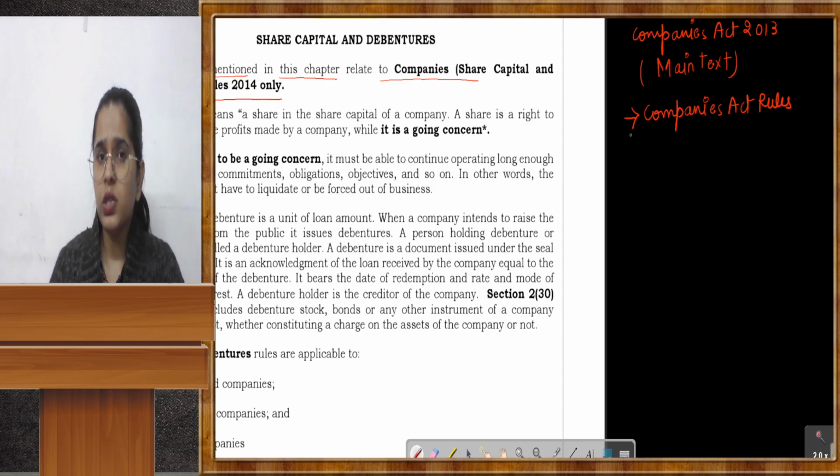So these rules tell us in detail about share capital and debentures. Some main points are there in the Companies Act 2013, and some detailed rules and regulations are mentioned in these bylaws. Okay, these are known as bylaws, or in simple terms, they help in interpreting the main text, which is the Companies Act 2013.